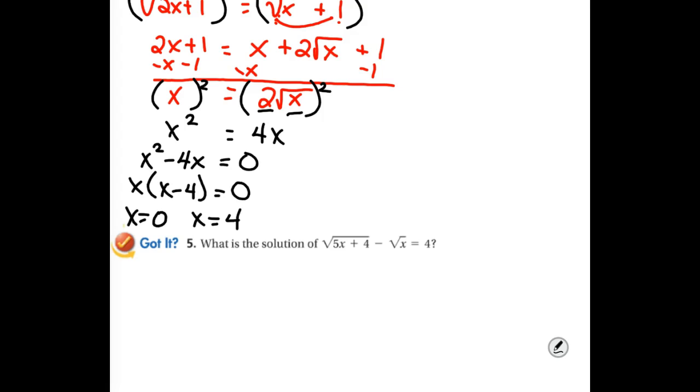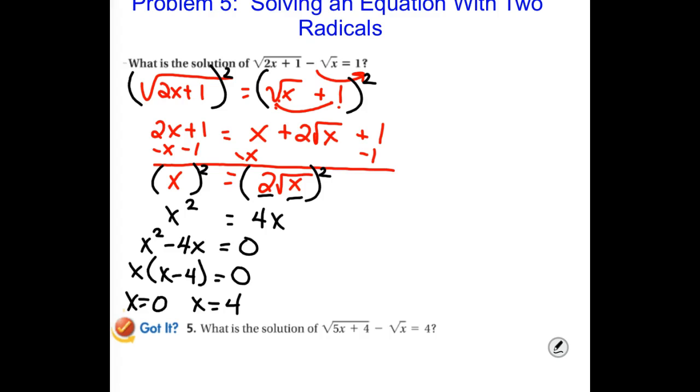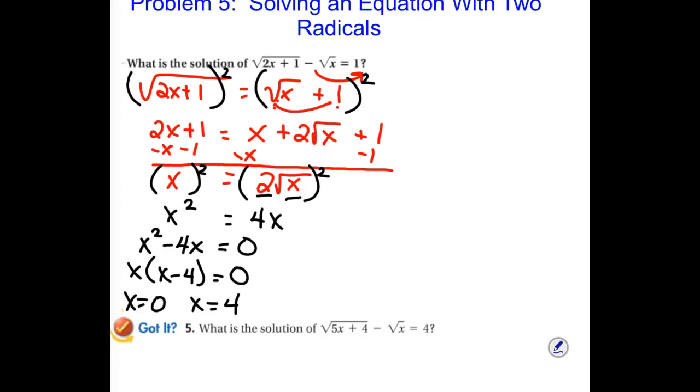Now, let's go back and check those. If we check the 0, okay, I dumped a 0 in for my x's. 2 times 0 is 0, plus 1 is 1. Square rooting is 1. The square root of 0 is 0. Does it work?